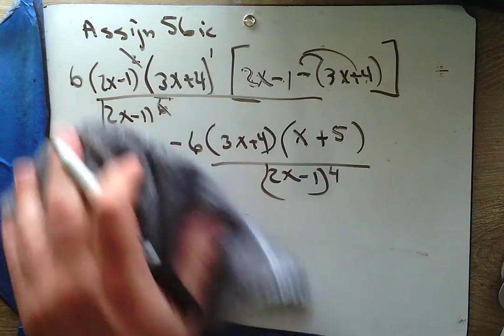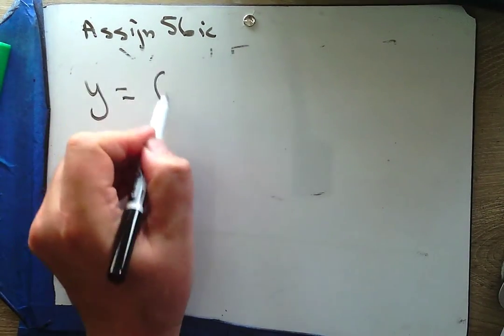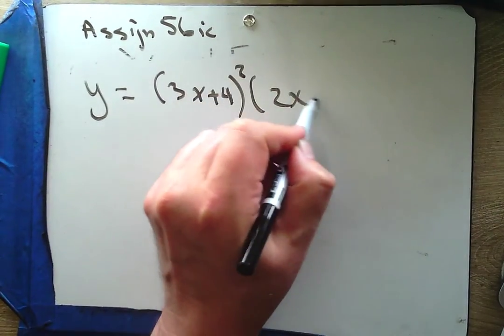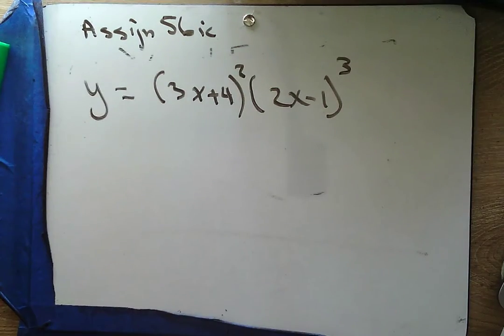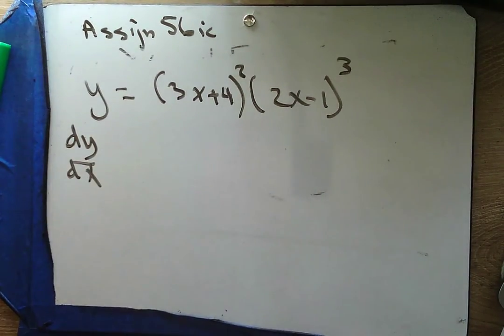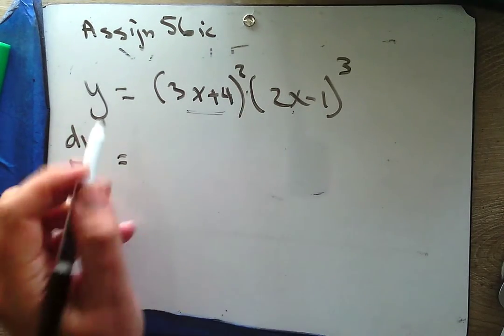That wasn't so bad. How about product rule? y equals (3x plus 4) squared times (2x minus 1) to the 3rd. Please find dy dx. Welcome back. So product rule, this times the derivative of that.